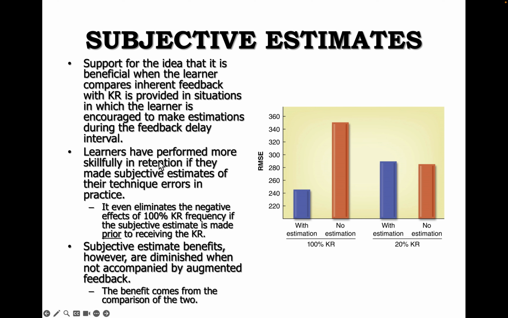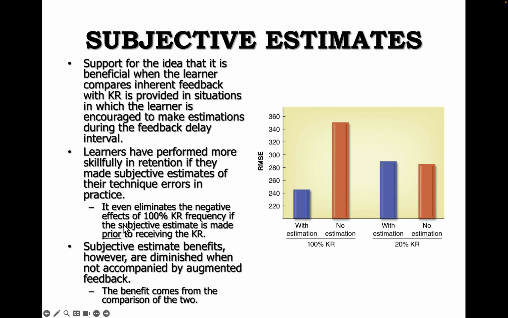Learners have performed more skillfully in retention, meaning learning, if they made subjective estimates of their technique errors in performance. So basically, if you have your athletes or students estimate how well they did, and then they're given the actual knowledge of results feedback, this is going to be very effective for enhancing learning.